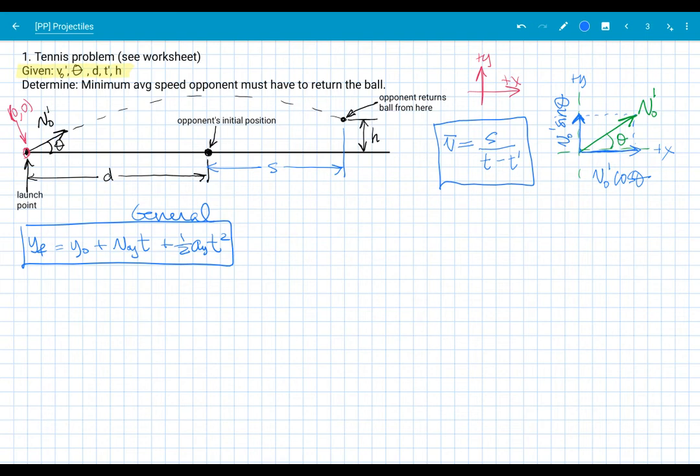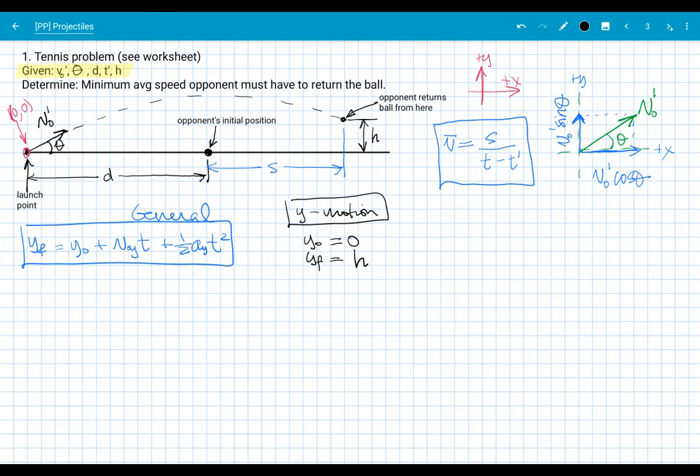So let's go through this and think about what are the quantities that we know about y. What do I know about my y motion? I know that y naught is equal to 0 because I have called my origin the launch point. I know that y final is equal to h.